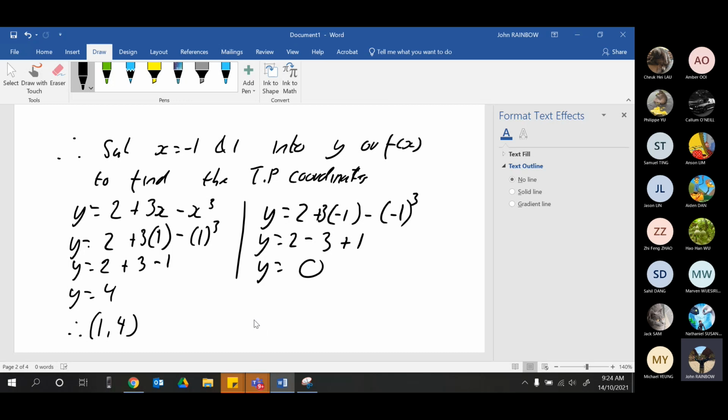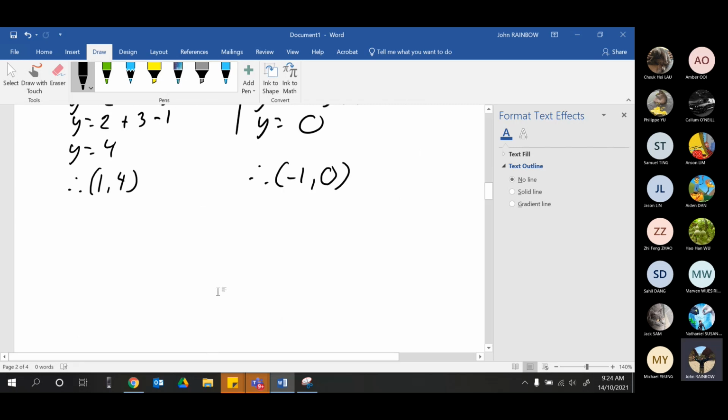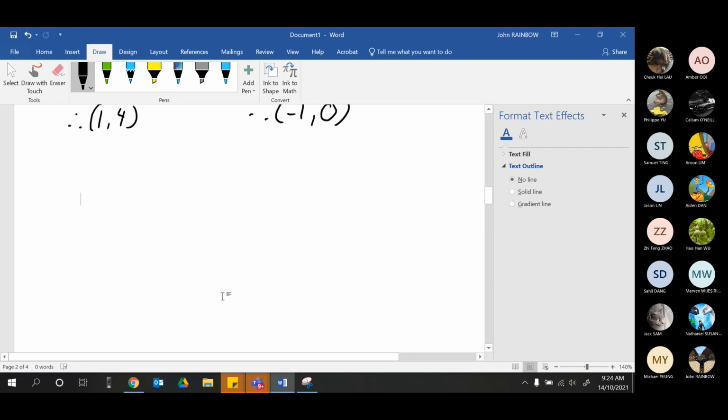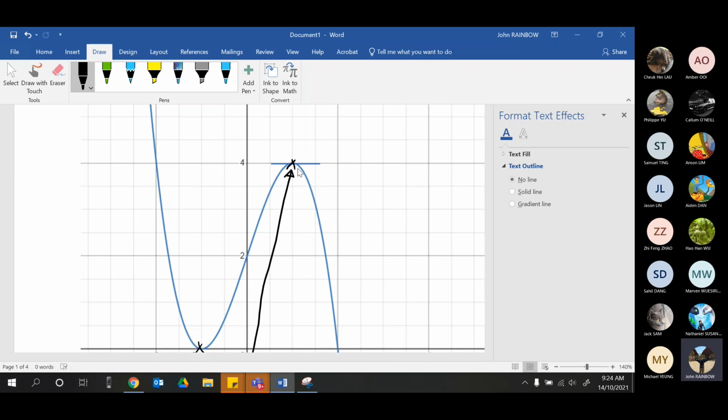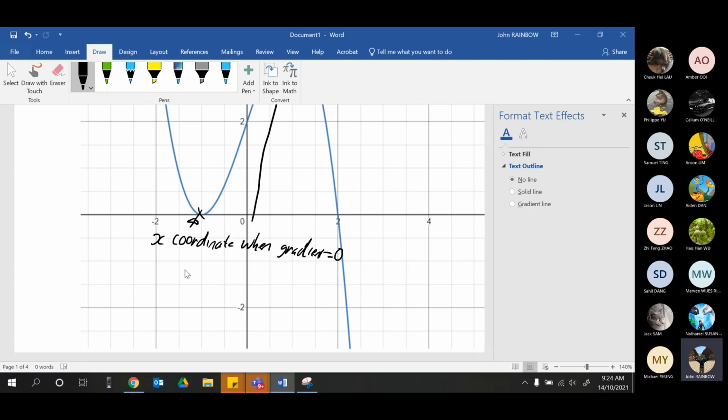And I also know that when I substitute in -1, the y-coordinate was 0. So I know the turning points are at 1, 4 and -1, 0. So my turning point is here, 1, 4, and this was at -1, 0.